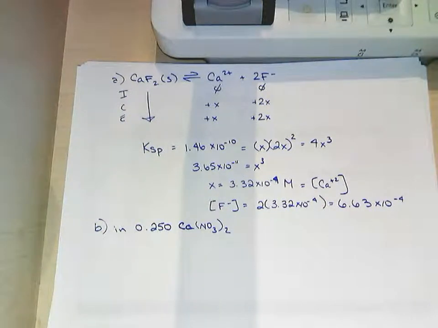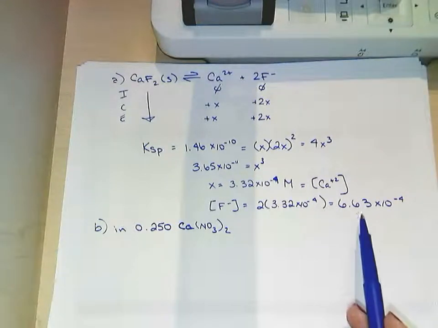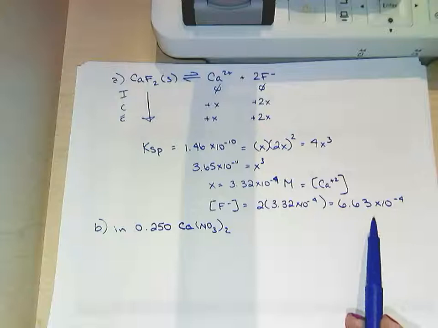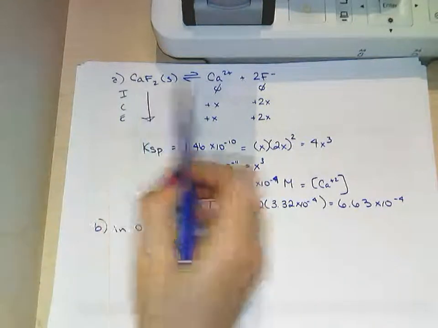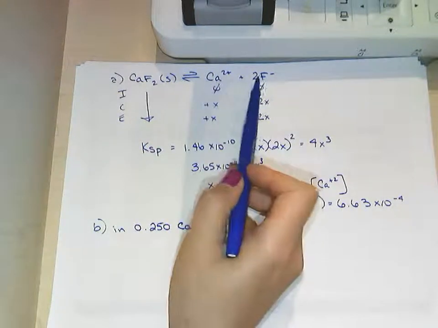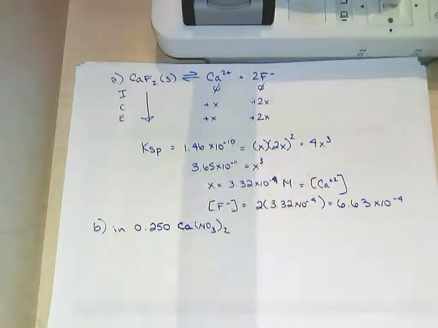There should be less coming from the calcium fluoride. What would we expect about the concentration of the fluoride ions? More will appear or less will appear? It should be less, right? Because if there's less calciums, then there should also be less fluorides. So let's double check.